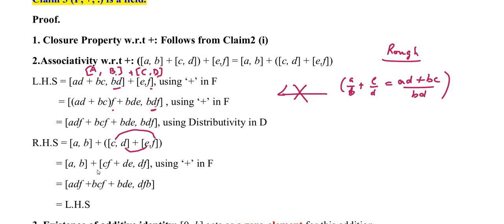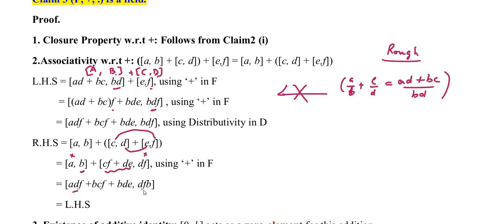So then now again using addition in F, this is written as this into this. So ADF, and then this into this. So you have BCF, one step in between is skipped. BCF plus B into CF plus DE, that is BCF plus BDE.